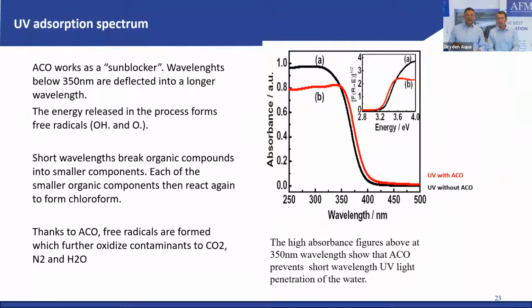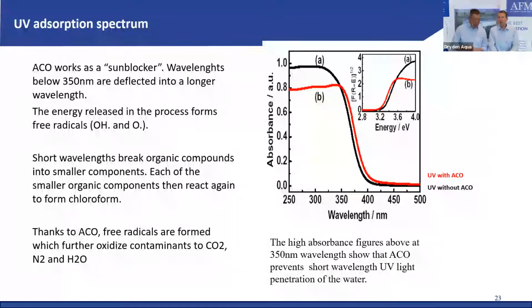And what it does, you see here, the black line is UV without ACO. And you see it goes up to, I guess, 100% of this short wavelength, 350, 250 and below. If you add ACO, it will deflect.